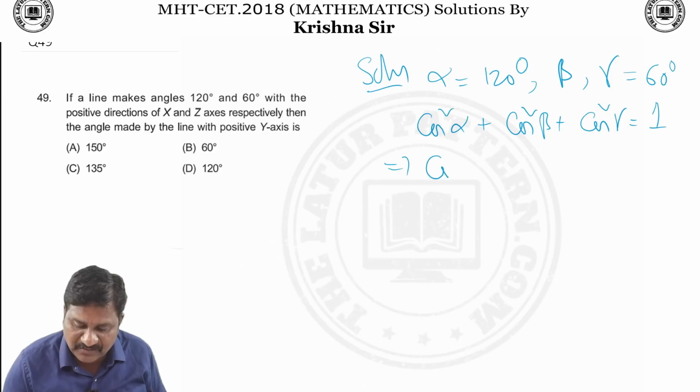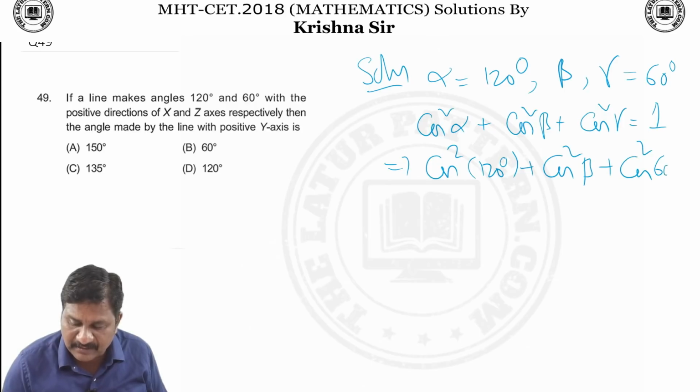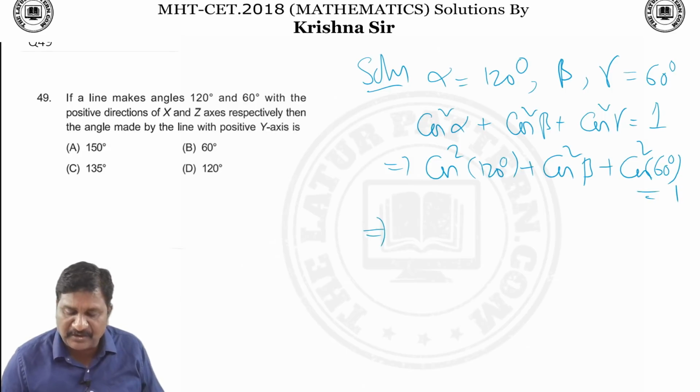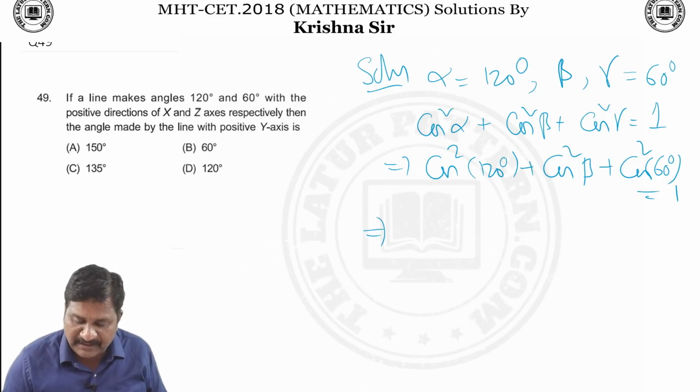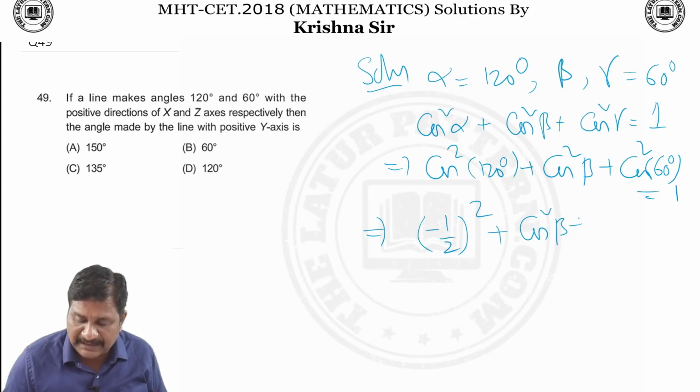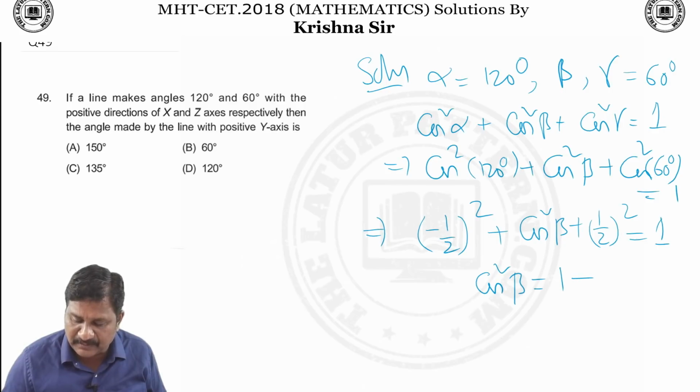So cos square 120 plus cos square beta plus cos square 60 is equal to 1. Now cos 120, which is in the second quadrant, 180 minus 60, has the value minus 1 by 2, whole square. Cos square beta plus cos 60, that is 1 by 2 whole square, is equal to 1.